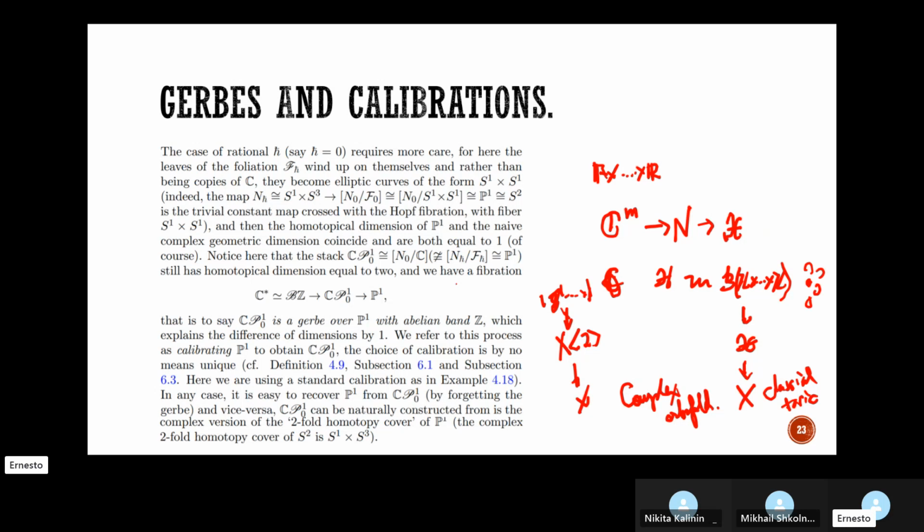Then there is the stack, and there is the classical toric variety in the rational case. This is the rational H bar. And the irrational one doesn't have this problem. So this is called a gerbe. This is called a gerbe over X.